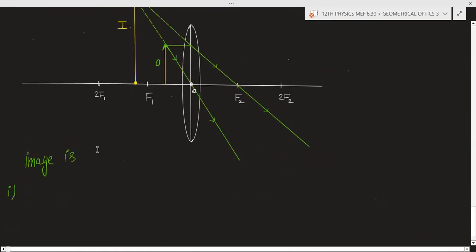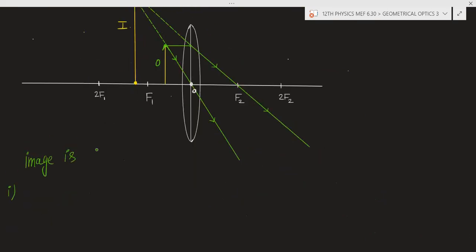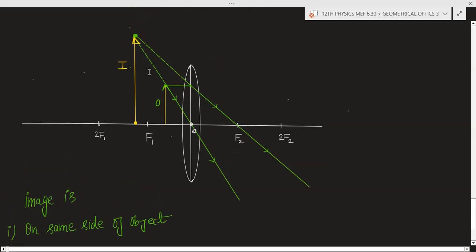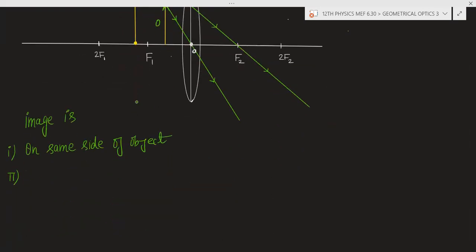So here the image is formed on the same side as the object. Number two, this image is virtual and erect. You can see this is the erect image. So virtual and erect image.